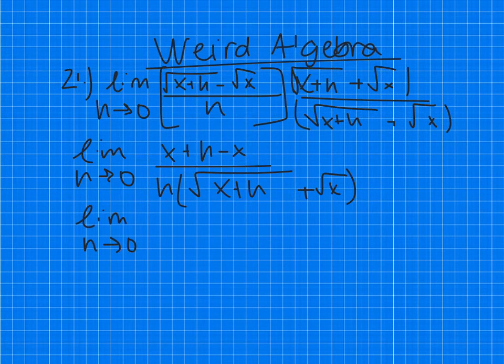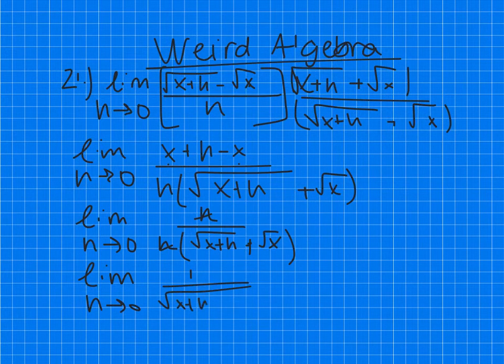So you can see here that the x's cancel out, so you can put h over h times this quantity here. And you can also see here that the h's cancel out, so we're going to cancel those. So the limit as h approaches 0 of 1 over the square root of x plus h plus the square root of x.